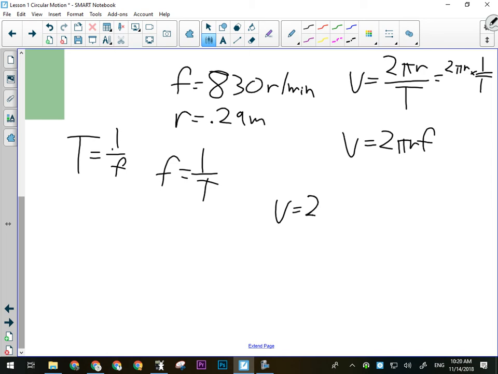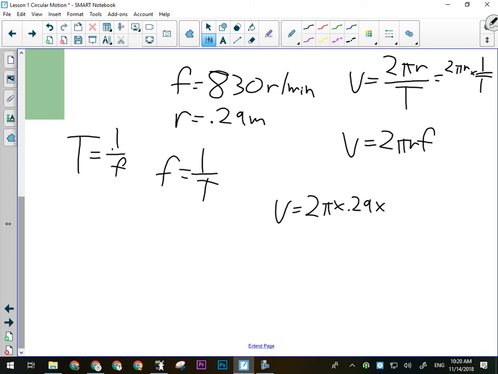So I have 2 times pi times the radius, which was 0.29 meters, times the frequency, which was 830 revolutions per minute. How often do we put velocity in meters per minute? I don't think we've ever done that, have we? So what should I do with that 830 revolutions per minute?